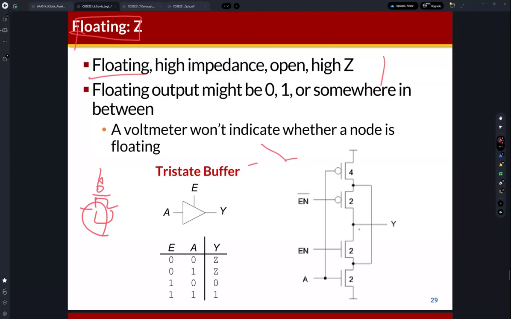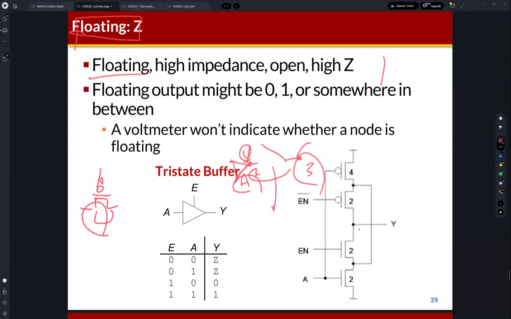If the switch is turned off, it means that the node P is disconnected from the node A. So if this node has a driver, this value cannot be delivered to the node B. Why? Because this wire is disconnected.